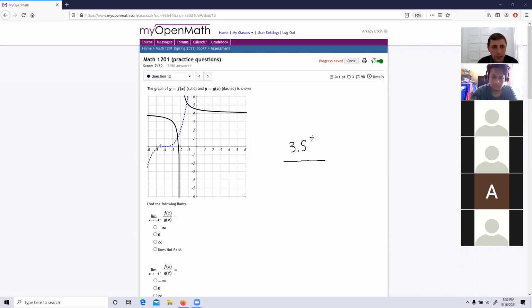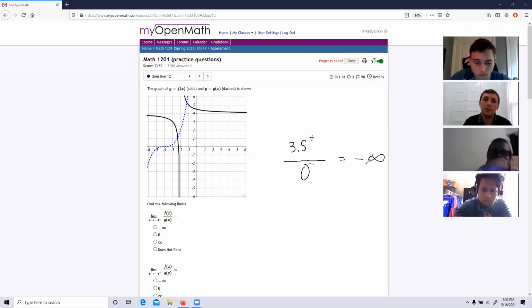And as I approach -4, I am at a -0. Do you agree? It's a -0, which makes this minus infinity. It's true that means the limit doesn't exist, but among the options available, minus infinity is a better answer.